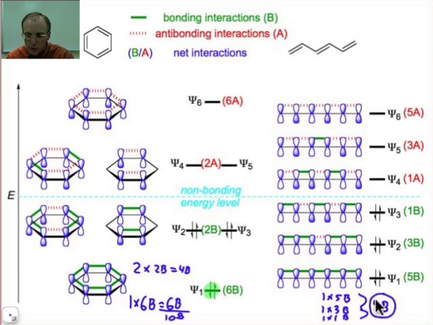So the energy of 1,3,5 hexatriene has pairs of electrons that contribute energy of 9 bonding interactions, whereas in the case of benzene, we would have pairs of electrons that are in molecular orbitals that contribute an energy of 10 bonding interactions. And that has to do with the cyclical versus the linear nature of these systems, and it's that difference which accounts for the special stability of benzene.